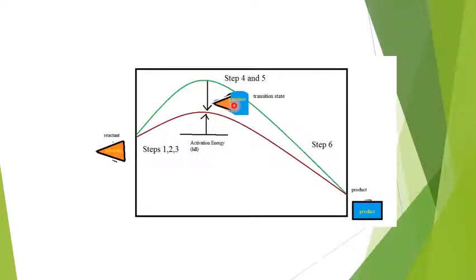So the enzyme makes the transition state at a way lower energy than is required without the enzyme. Then you just need a little bit of energy for that reaction to take place. So the job of the enzyme is not to do the chemical reaction, but is to make the transition state at a lower energy so that the chemical reaction can take place.